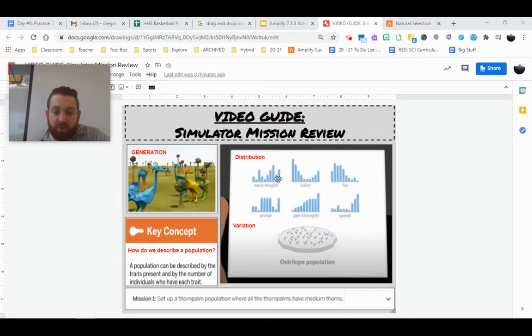When we look at the distribution here, we can see that we really don't have one variation or one trait that is more or less present. We don't have one trait or one group of traits that really stands out.